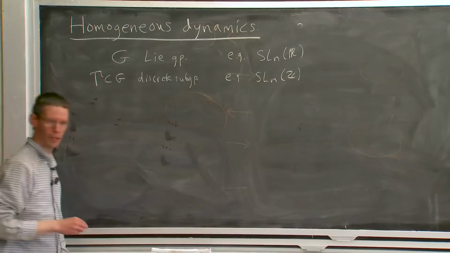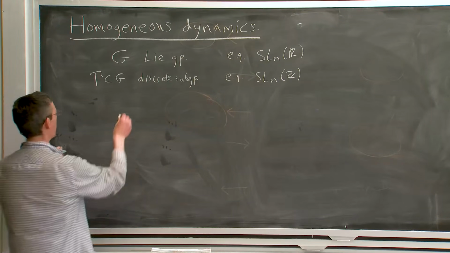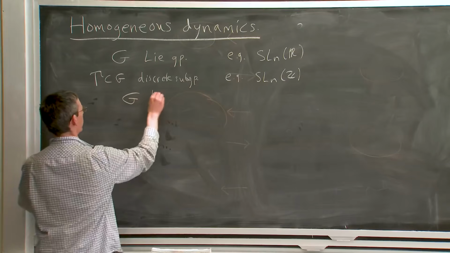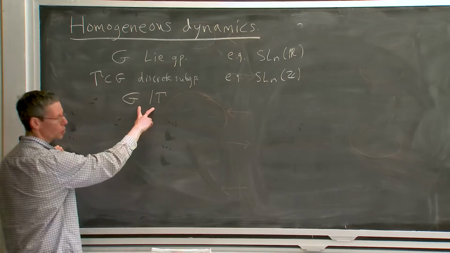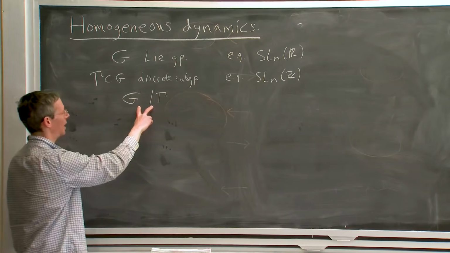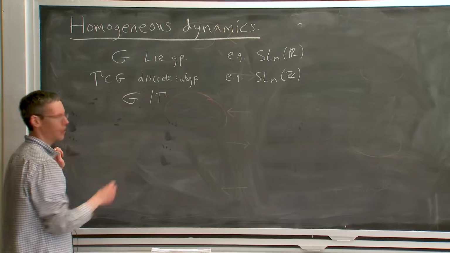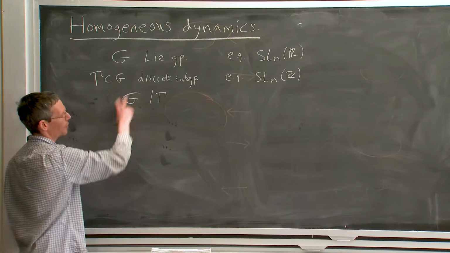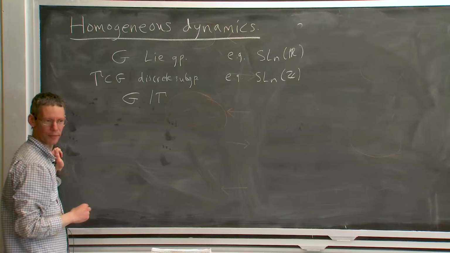And then we're going to be studying the quotient space G mod Gamma. So this is called a homogeneous space. We'll see it has a lot of symmetries. And so the homogeneous in homogeneous dynamics is we're acting on this homogeneous space.